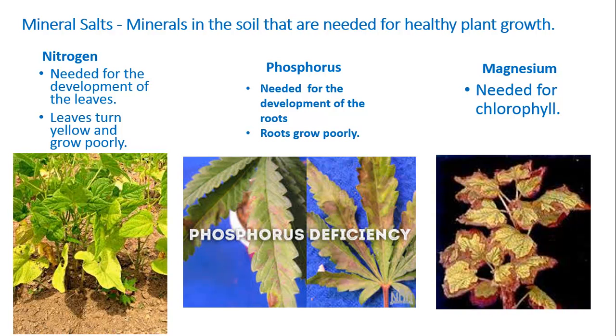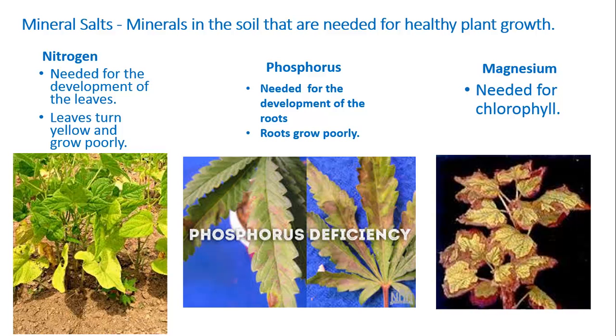Nitrogen is needed for the development of leaves. With a nitrogen deficiency, the leaves turn yellow and grow poorly. Phosphorus is needed for the development of the roots. Roots grow poorly. Hard to tell because the roots are underground, but you can also see the phosphorus deficiency in the leaves.